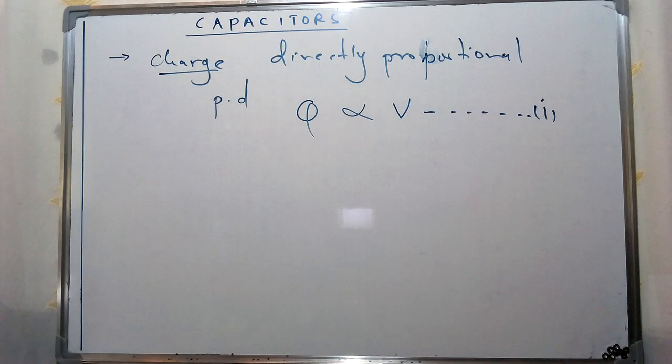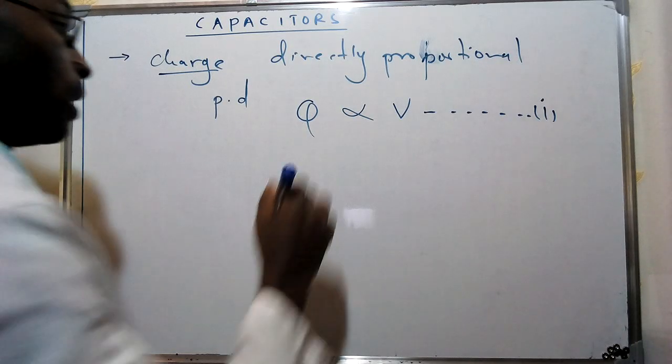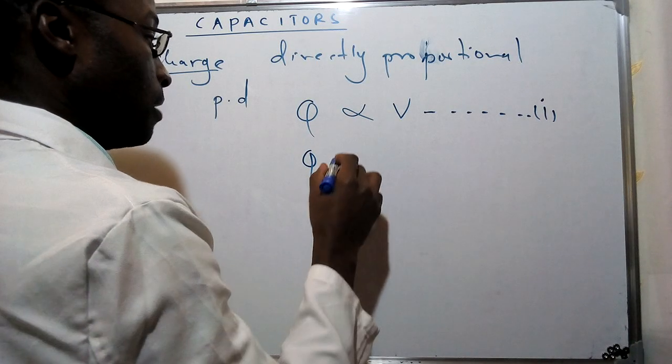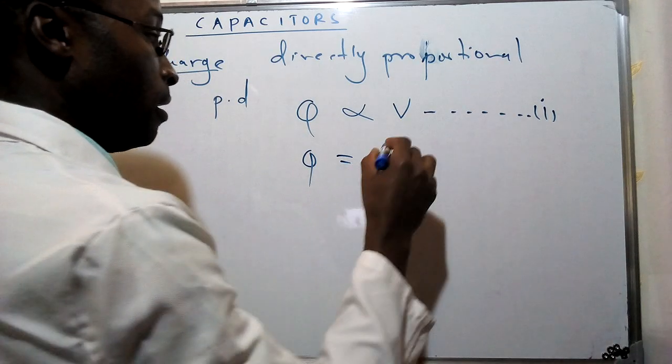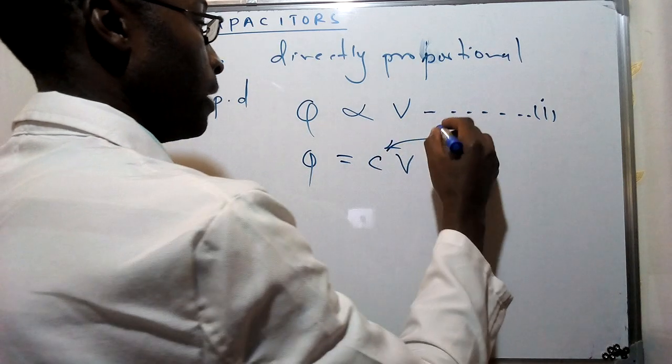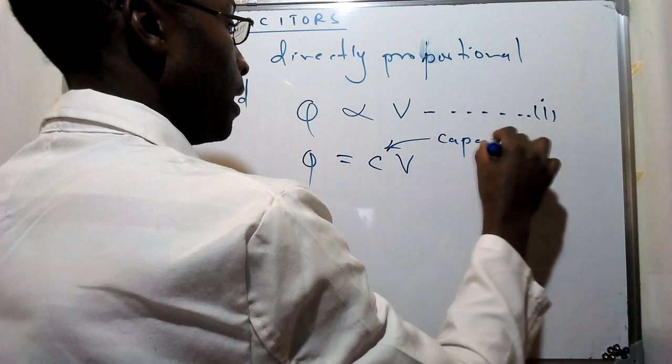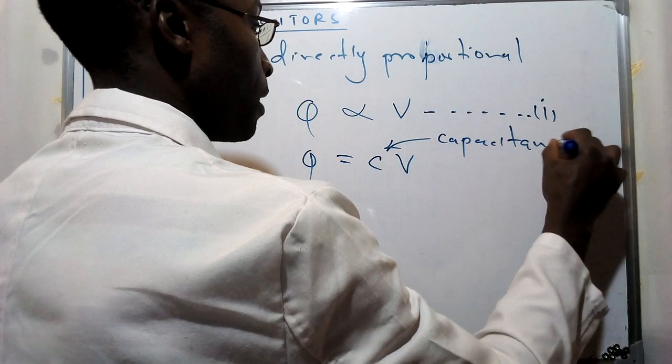From that specific relationship, we can develop a formula to find the relationship between capacitance and the potential difference. So we're going to have this one given as this, and this is what we refer to as capacitance.